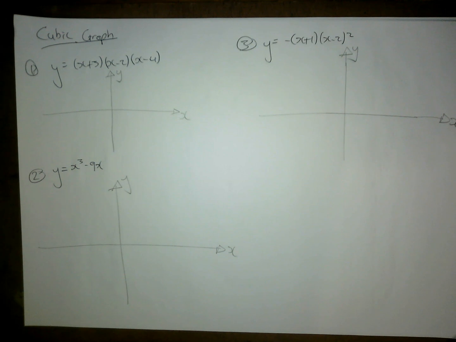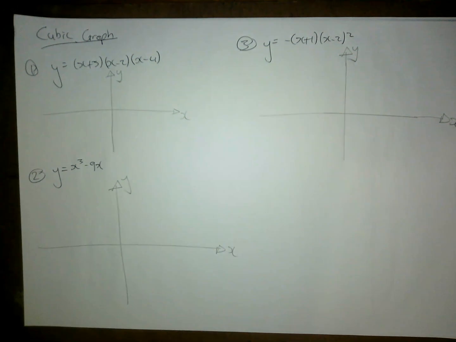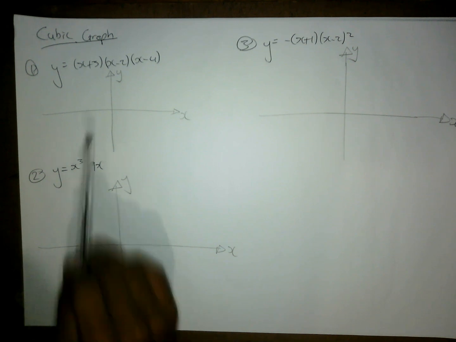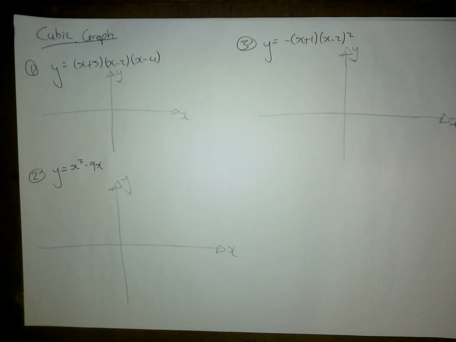For those graphs, the first thing we must know is x plus 3, x minus 2, x minus 4. What are those numbers? Who can remember? What are these basically? Does anyone know what that is? Yes, it is points. Yes, that is correct. But what point is that?